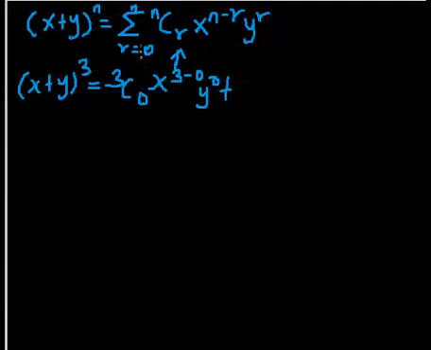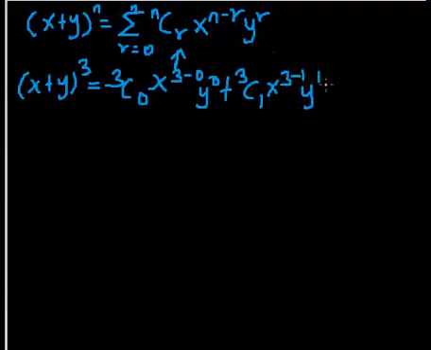Remember, r is equal to 0. Then r will increase to 1, till r gets to 3. And of course, still 3 combination. This time around, r has increased to 1. Then of course x is going to be, remember, it's n minus r, that's 3 this time around minus 1. Y has increased to 1.